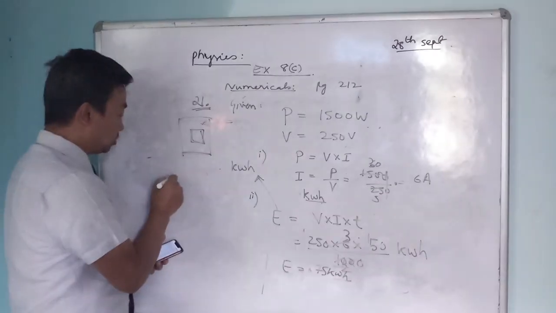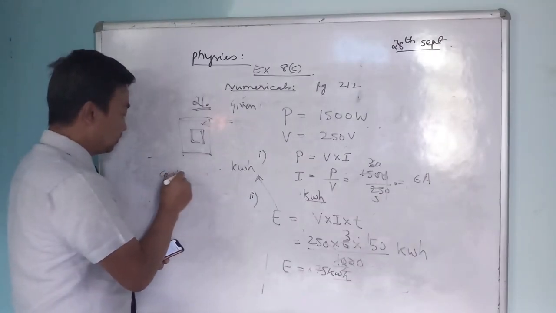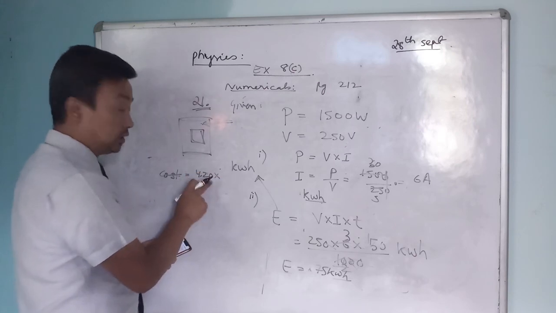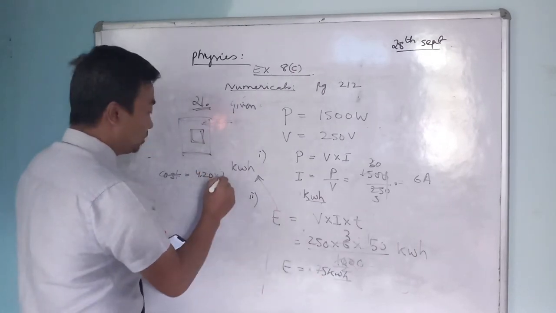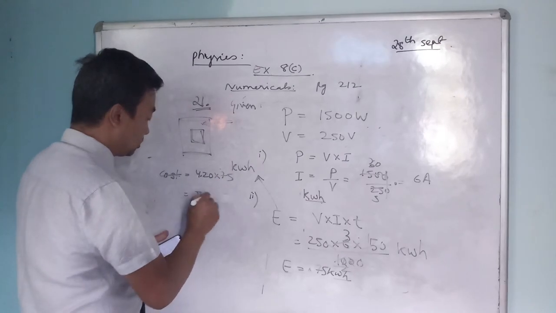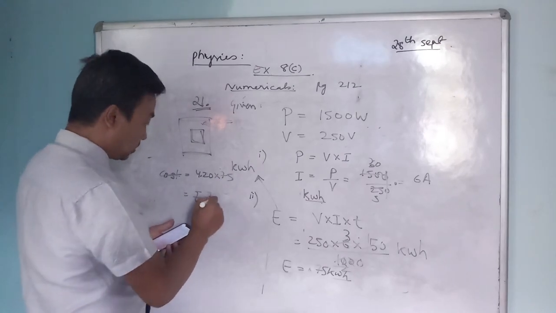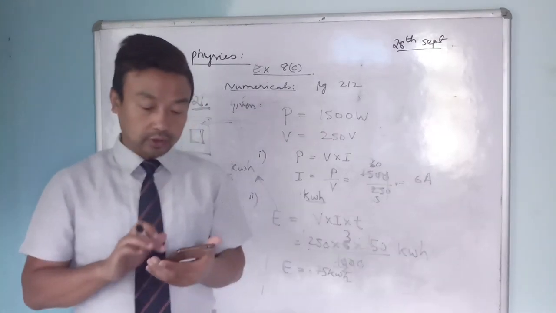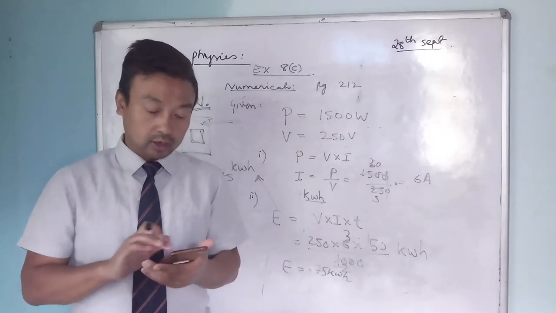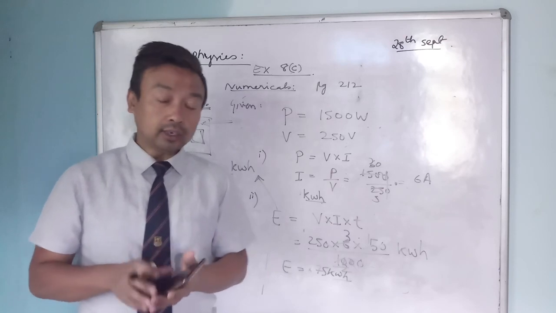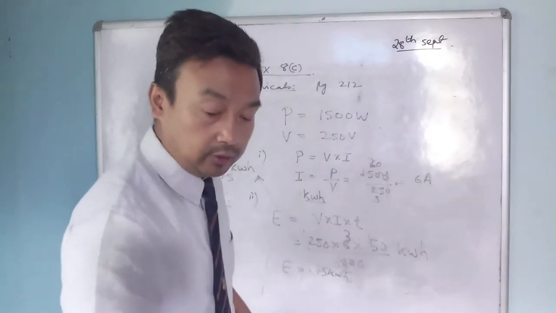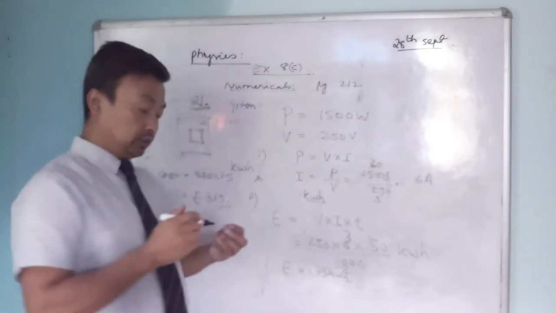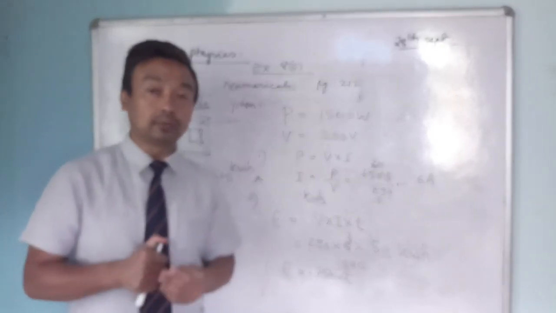So the total cost will be 4.20 into the 75 units you have got, which is 315 rupees you have to pay if you keep the geyser on. This is how you also get the idea of how to save electricity, by using these appliances less.